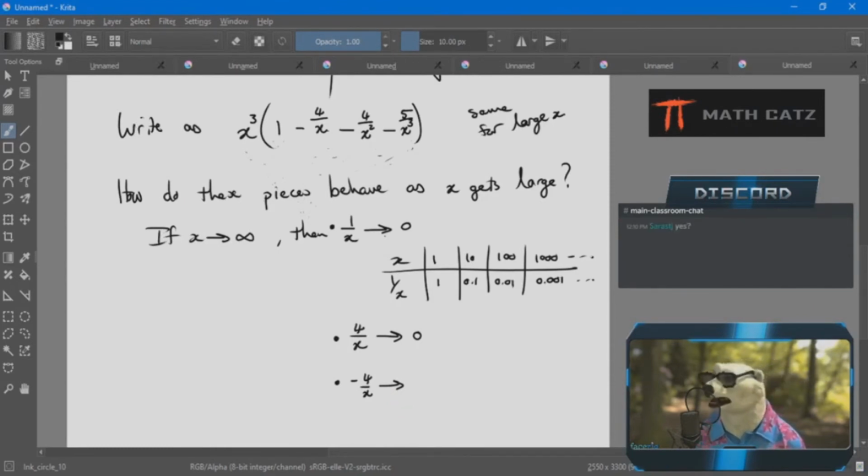Okay, you say yes. Let's put a negative over here in my table. Then when x is 1, negative 1 over x becomes negative, negative, negative, negative. What happens to the size of that fraction? It's still shrinking. It's still going to 0. Yes, from the negative side, but it's still heading in the same direction.